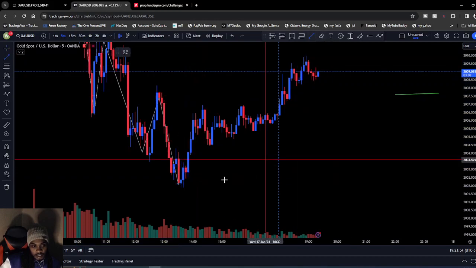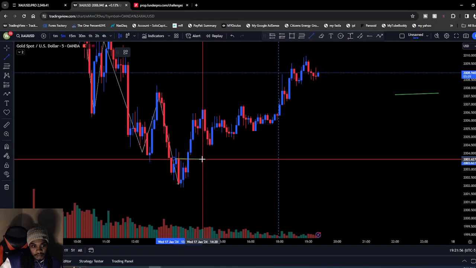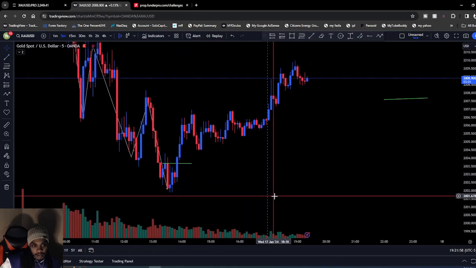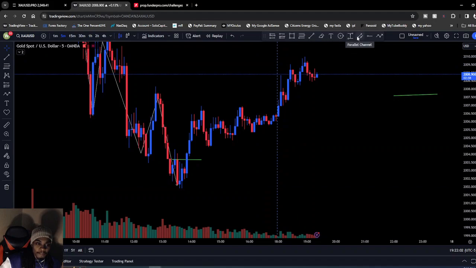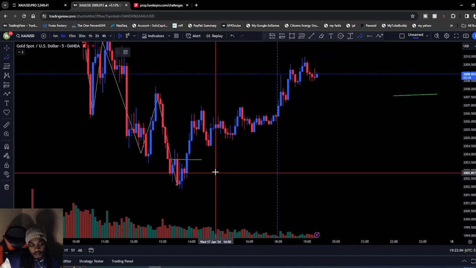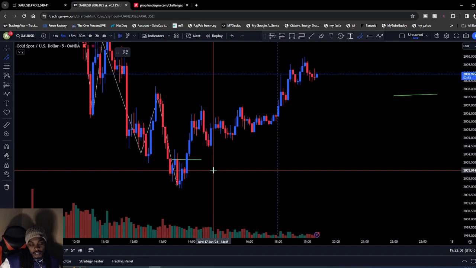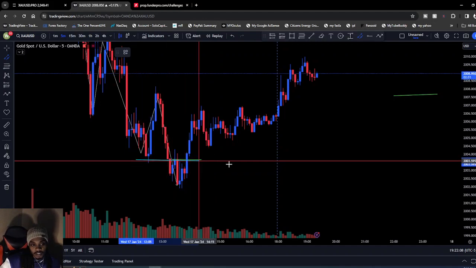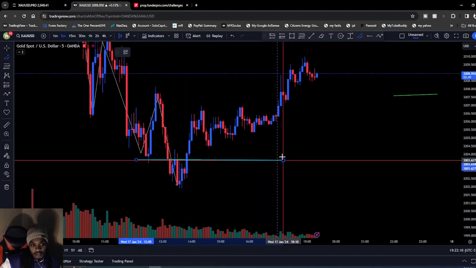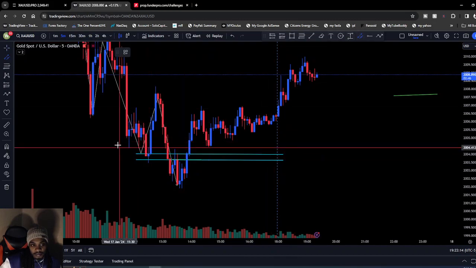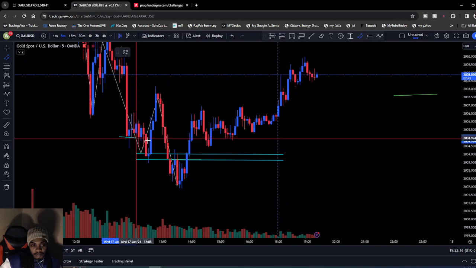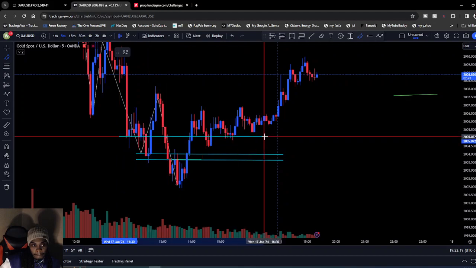Price closed above it at this point right here. Then you have to mark your POI, your point of interest, where you want to get in. So we had a structure in this area, from where these wicks are on the other side.